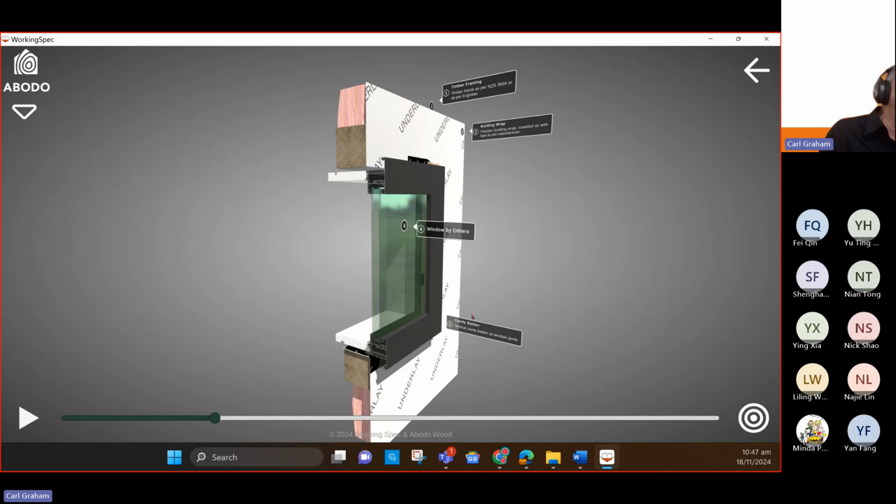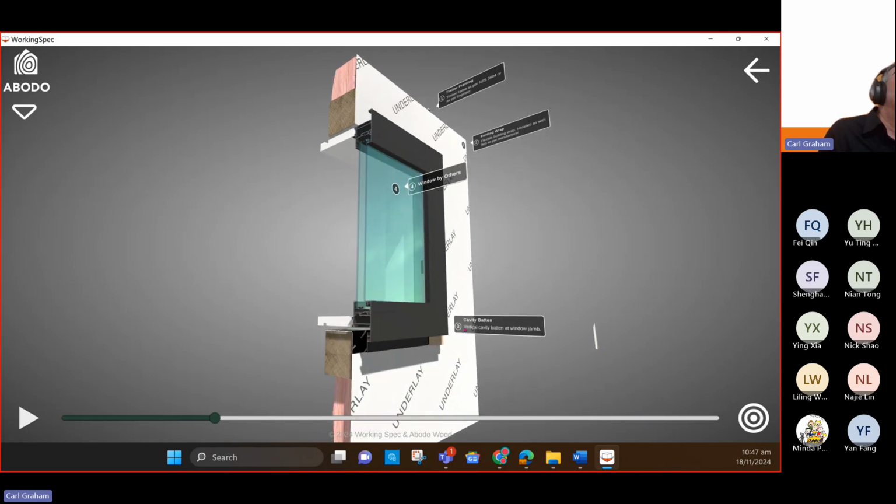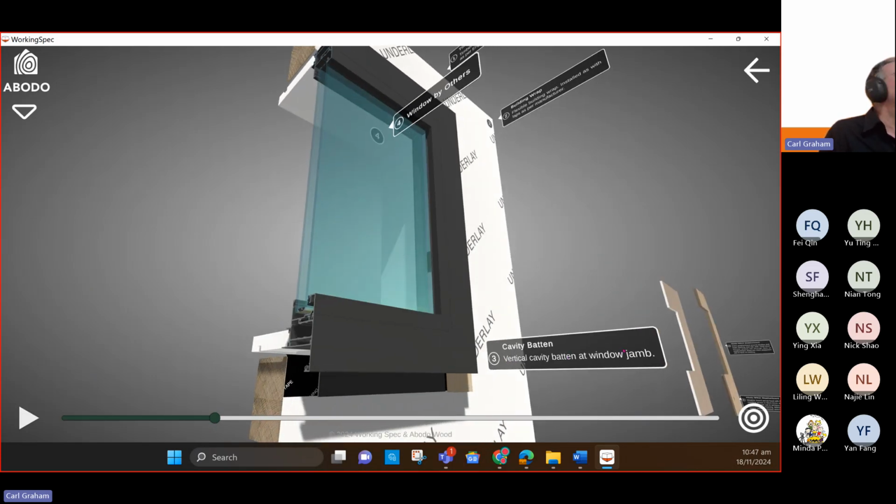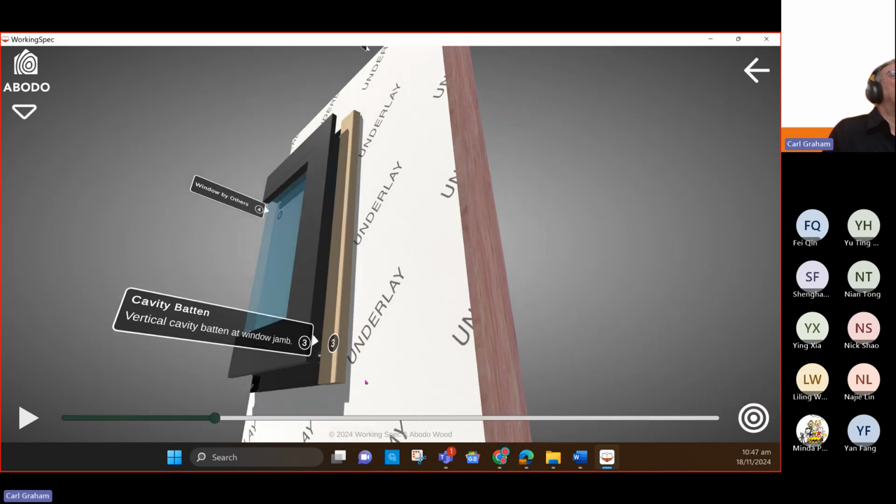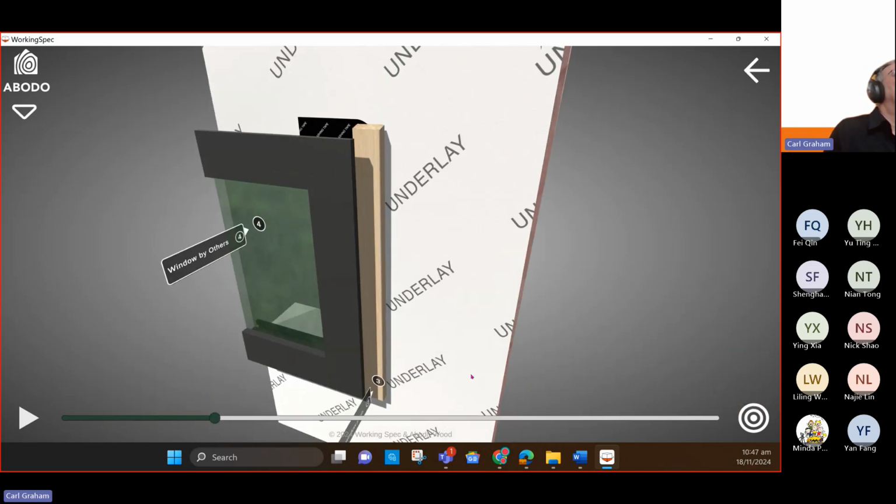Each one of these little things here, so it's got the word cavity batten there, I could put in there as per E2/AS1 section 9, whatever it is. So you could look at that and go straight to E2 and it'll tell you where it's coming from. Then in essence you can look at it and go, sweet, that makes sense. So I just went and saw the guy. He's in his 70s, the guy who designed this.